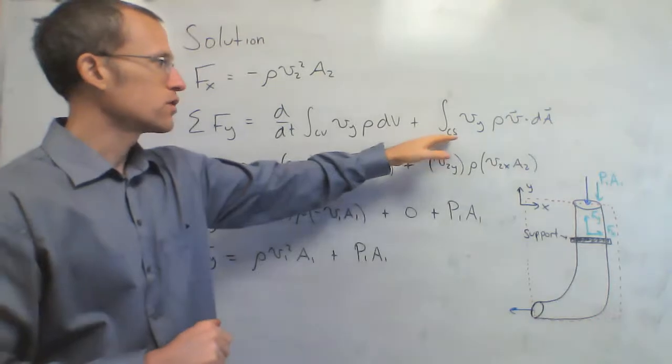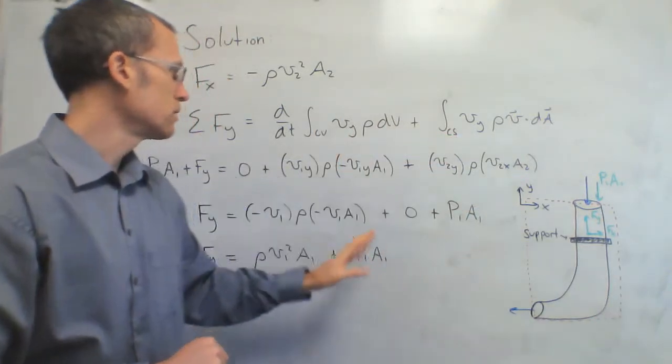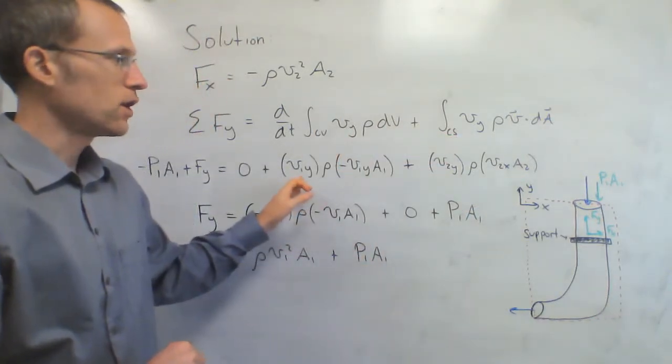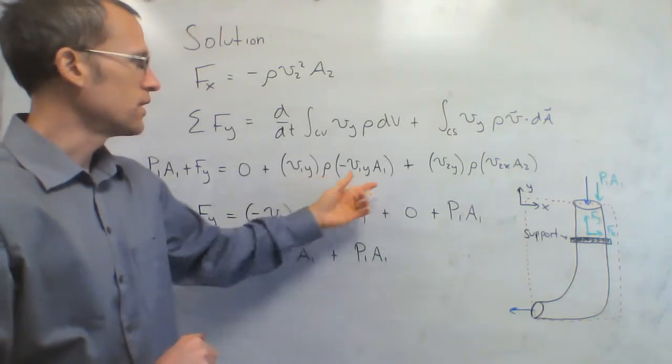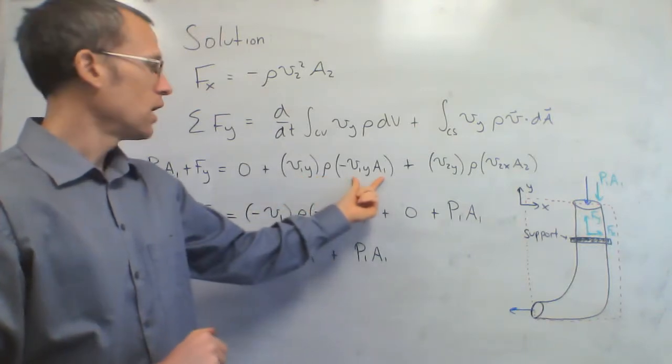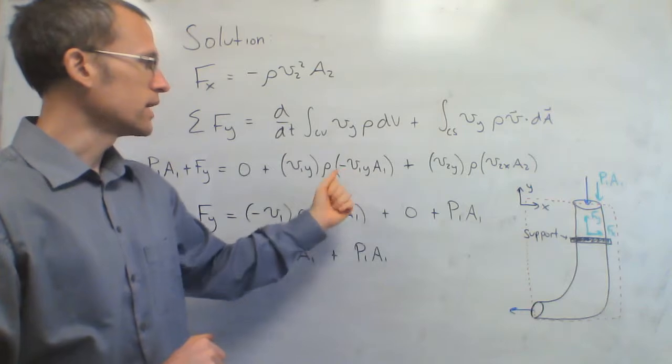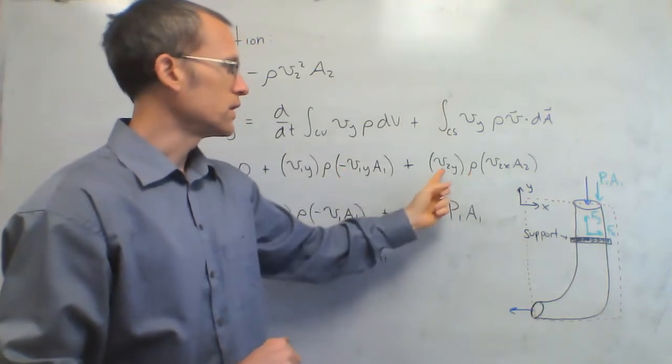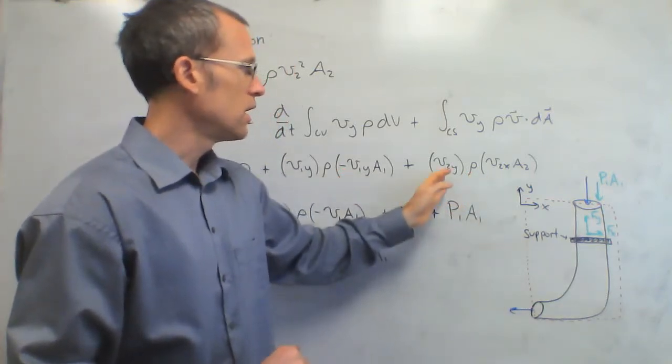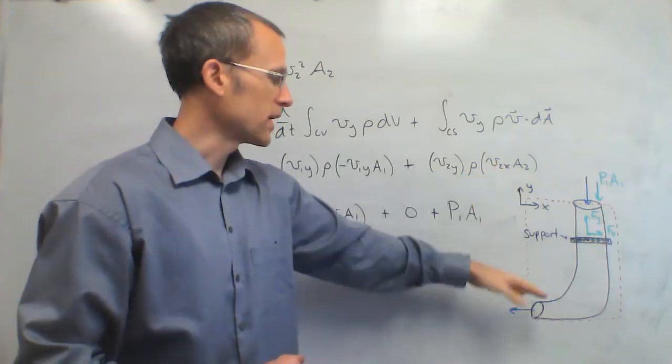And my control surface integral, again I have two surfaces, point 1 and point 2. At point 1 I have velocity V1y, rho, and then V1 A1 going in, so negative. And over here, V2y, what's coming out, and again V2 A2 coming out.